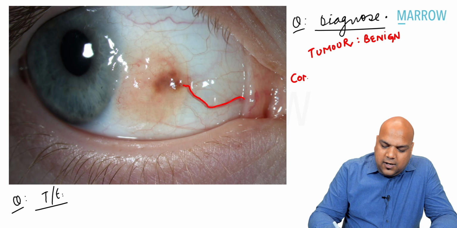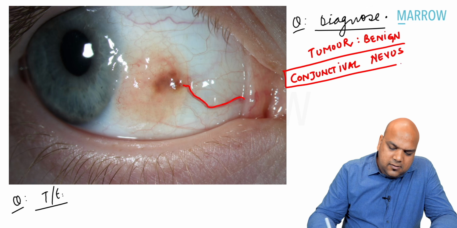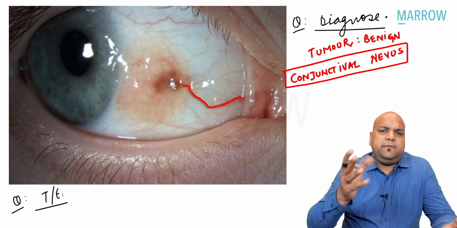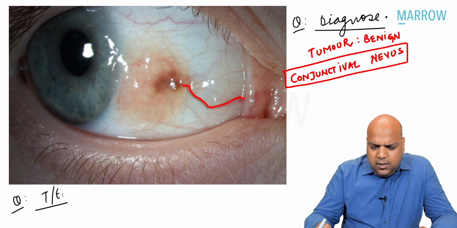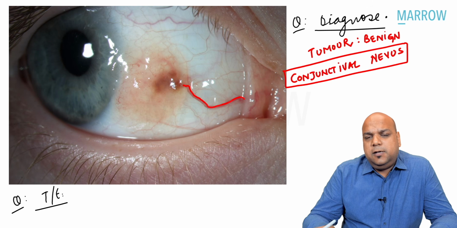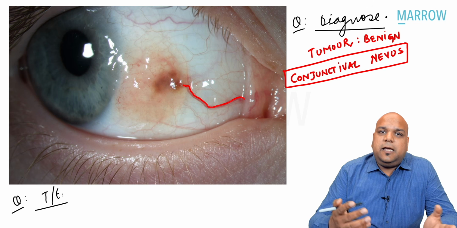This is called conjunctival nevus. Now, conjunctival nevus usually occurs either in childhood, around 7-8 years of age, or in early adulthood, somewhere between 8 to 20 years of age. Parents usually bring their children, but we are not afraid of it. This is like a mole.